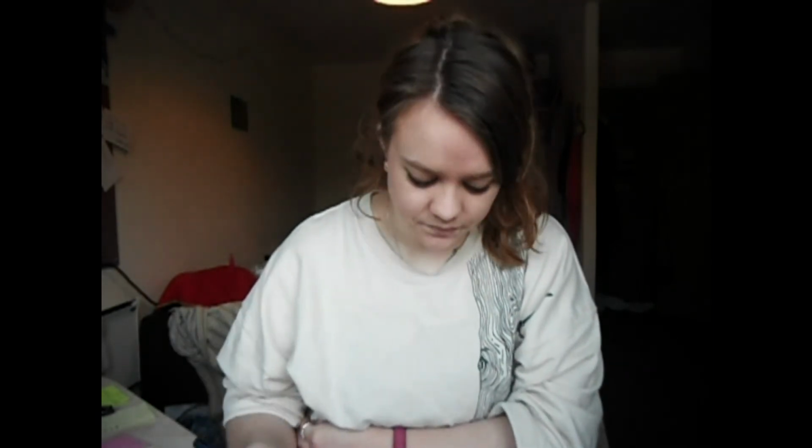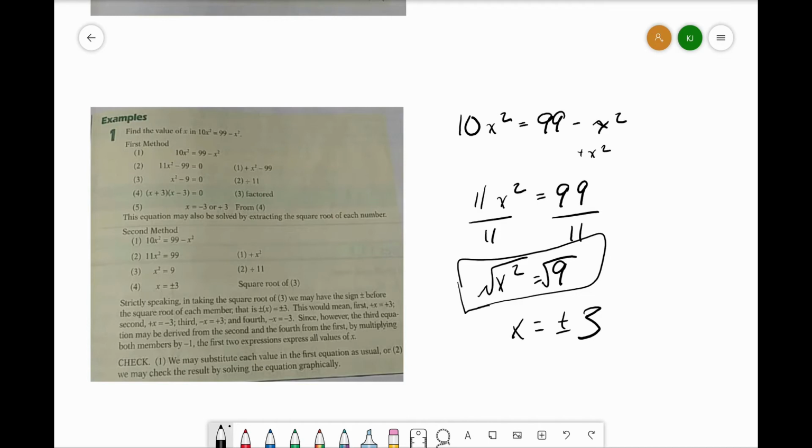Strictly speaking, in taking the square root from x squared equals 9, we may have the sign positive or negative before the square root of each member. That is, we would have positive or negative x is equal to positive or negative 3.